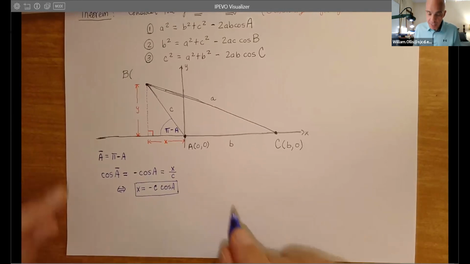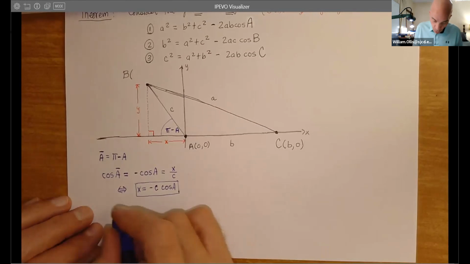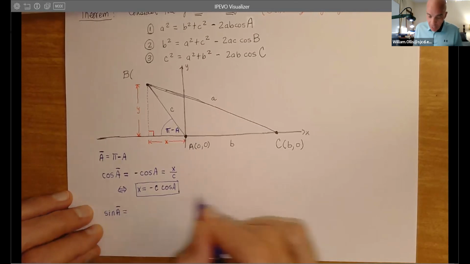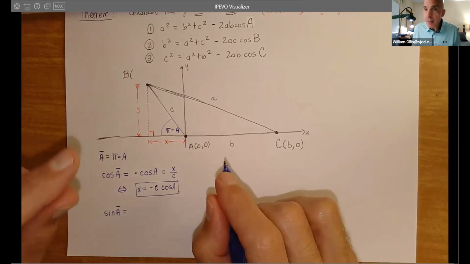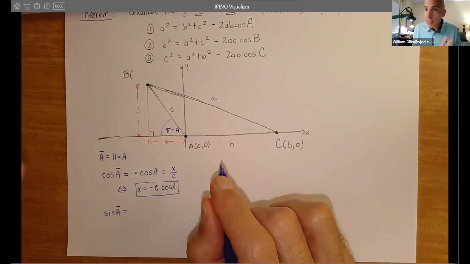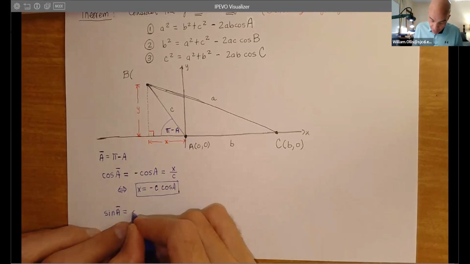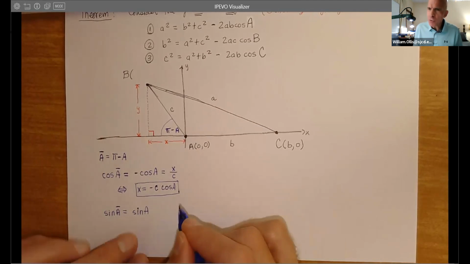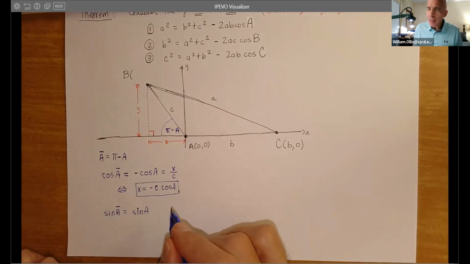And now we can do the same for the sine. So we'll do sine of the reference angle. Now remember, the sine is the y, which in the second quadrant is still positive. So this actually equals sine of A. So there's no shift in sine like we had with cosine. The sine function is very interesting. It's an odd function.